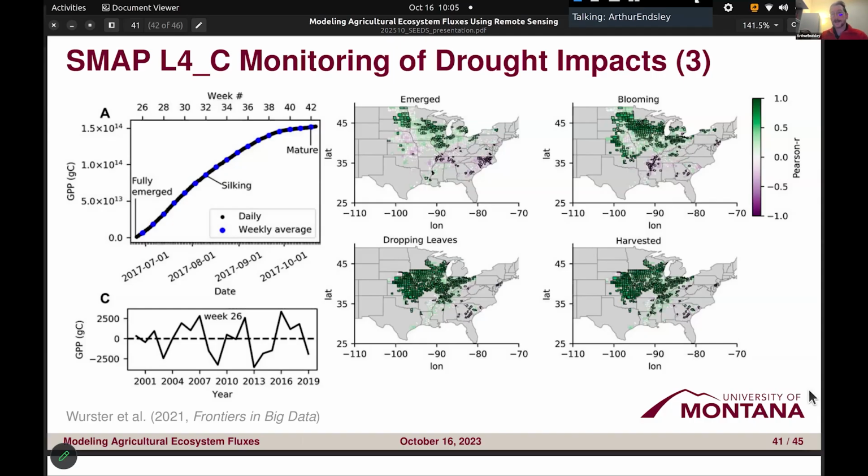In particular, this index works really well in semi-arid regions. It works less well in humid regions. We suspect that's because of the importance of soil moisture in our model. These soil moisture measurements from the SMAP satellite just provide such a strong constraint in those semi-arid regions that ultimately it provides better model predictions.